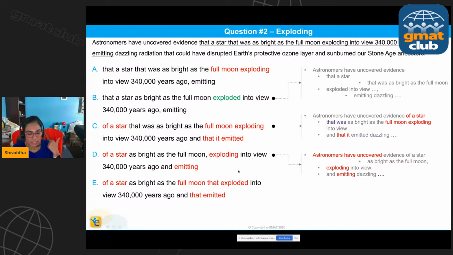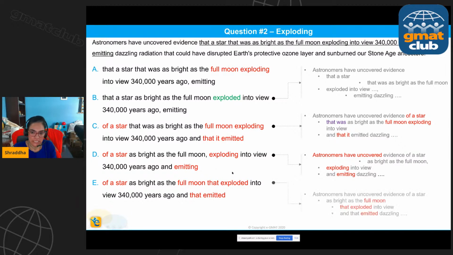So they have wrong meaning. They are not associating logically with the modified action. Everything is wrong about choice D, although it looks grammatically correct. Grammatically, it's fine. Evidence of a star as bright as the full moon is fine. Then you have two comma plus verb-ing modifiers after an action. Absolutely fine. Grammatically, there is no flaw in choice D, but definitely the meaning is totally off.